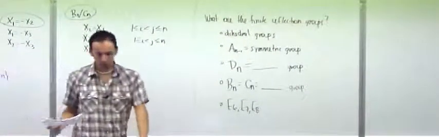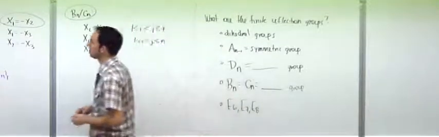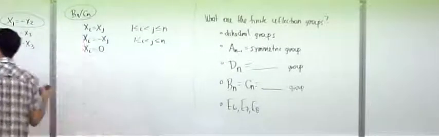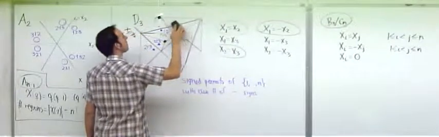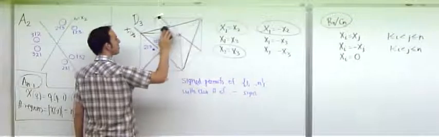Actually, I'm going to draw this in here. So here we have D3. So what am I missing to make it B3? Let me first erase what I don't need, and think about where the missing hyperplanes go here.